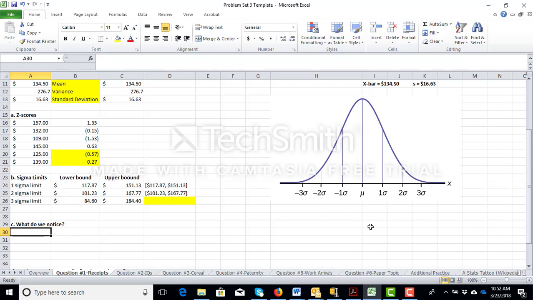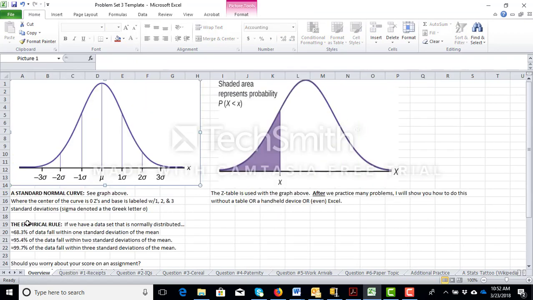All of them are within plus or minus 2 standard deviations of the mean. None of them are 2 or 3 standard deviations away. They're all within plus or minus 2 sigma. They are all between $101.23 and $167.77. This confirms the empirical rule.